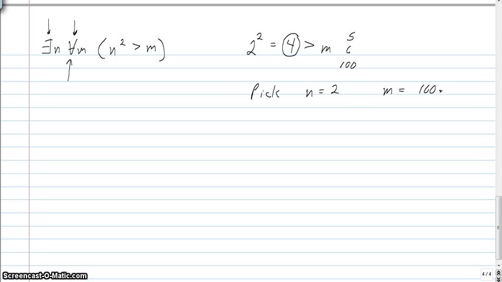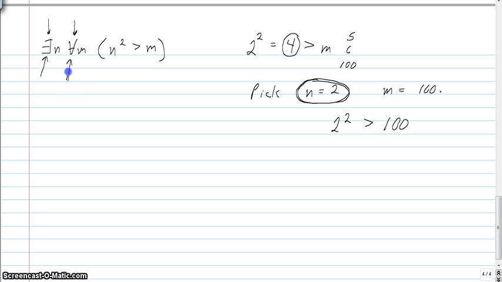Well, then the statement has to be false because 2 squared is not greater than 100. Well, that doesn't work because we can't just select a value for n. If we're going to show this is false, we've got to show it's false for all values of n, because we're trying to refute an existential statement.